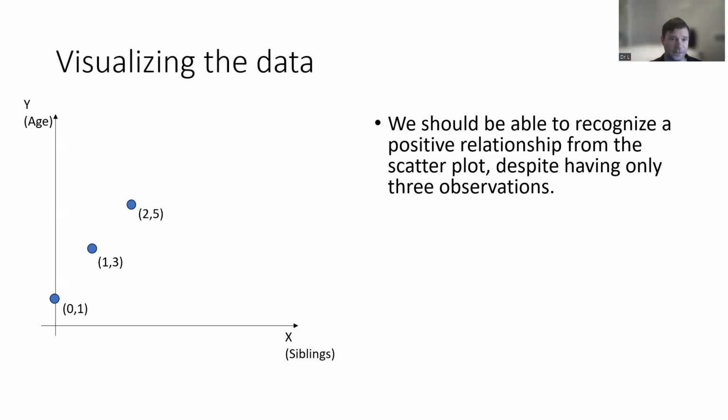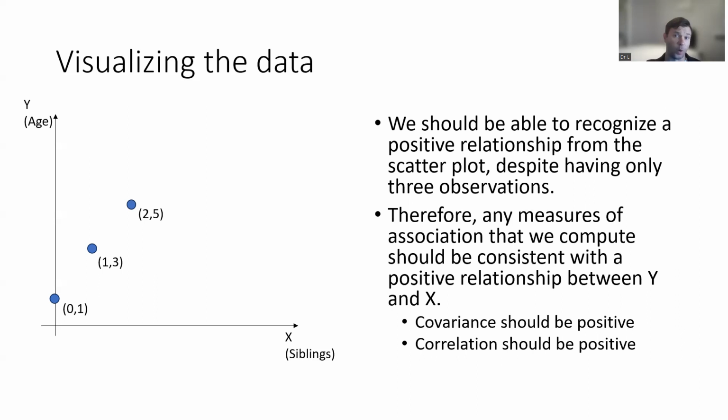That being the case, if we were to apply any of our measures of association, correlation or covariance, we should expect that both of those metrics would be positive, indicative of identifying the scenario as a positive relationship. Okay, so what we're going to do in a moment is work through the exercise of computing them manually, so that we can verify our intuition with respect to these metrics.